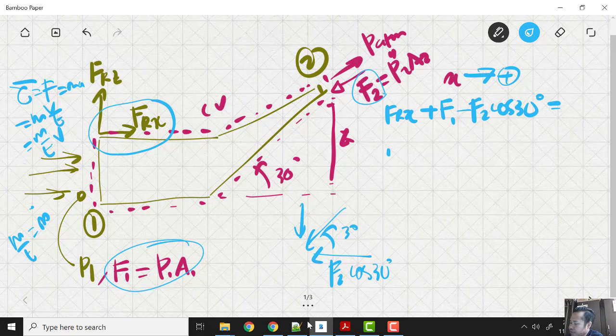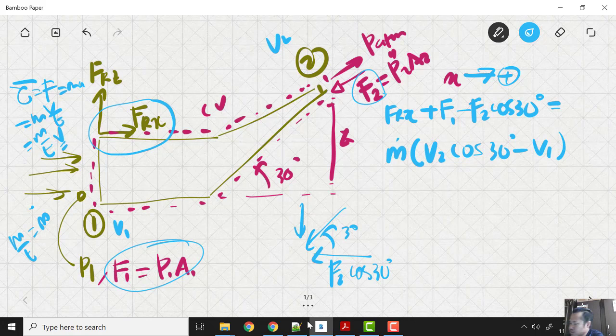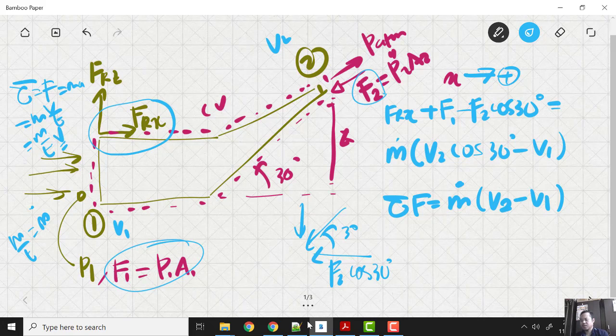So we can write it as M dot times V2 cos 30 minus V1. Because the linear momentum equation is a simple equation: total force equal to mass flow rate times velocity 1 minus velocity 2 in bracket. So this is the force in X direction.